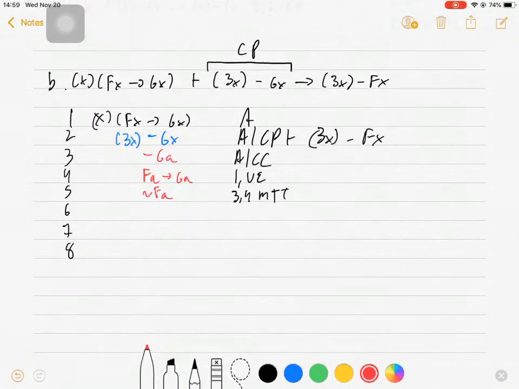From there, we're going to be able to say, therefore, there exists an x such that not Fx. From 5, this is going to be EI. And we can always use EI anytime we want, so that's a perfectly fine move.